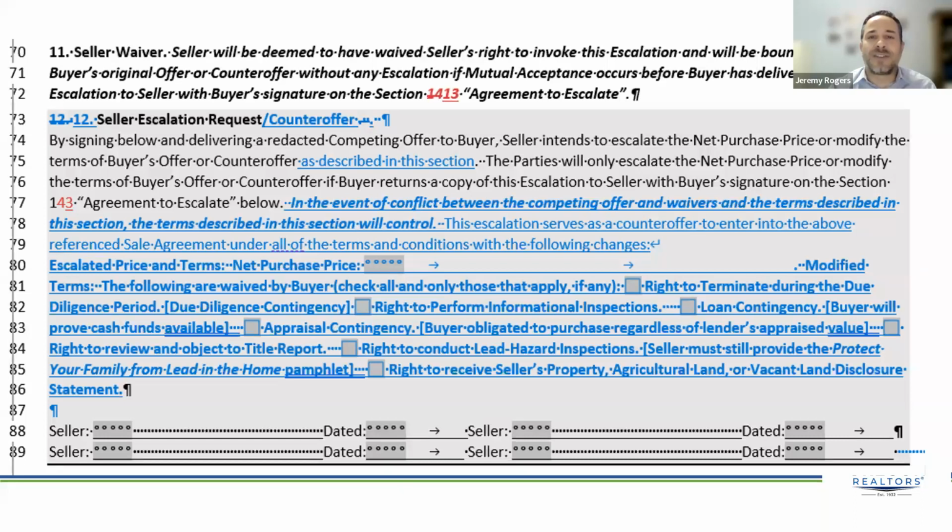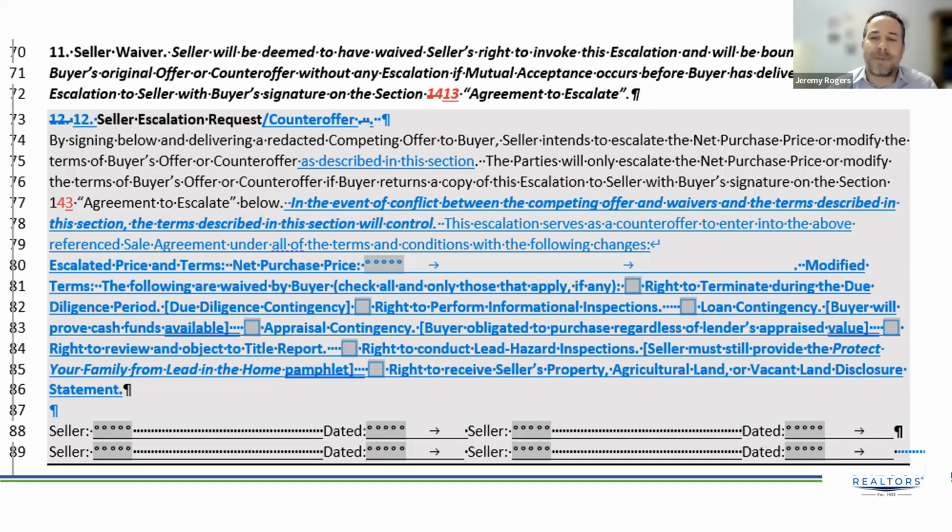Yeah, no, so the question was about who does what, who sends what to whom. This form is filled out initially by buyer as an invitation to the seller to come back to buyer to escalate the buyer's offer based on the competing offer. So this form is always initiated by the buyer, but there is an interim step where the seller comes back to the buyer with the evidence, and then the buyer has the opportunity to finally sign off on it so that there is ultimate agreement.